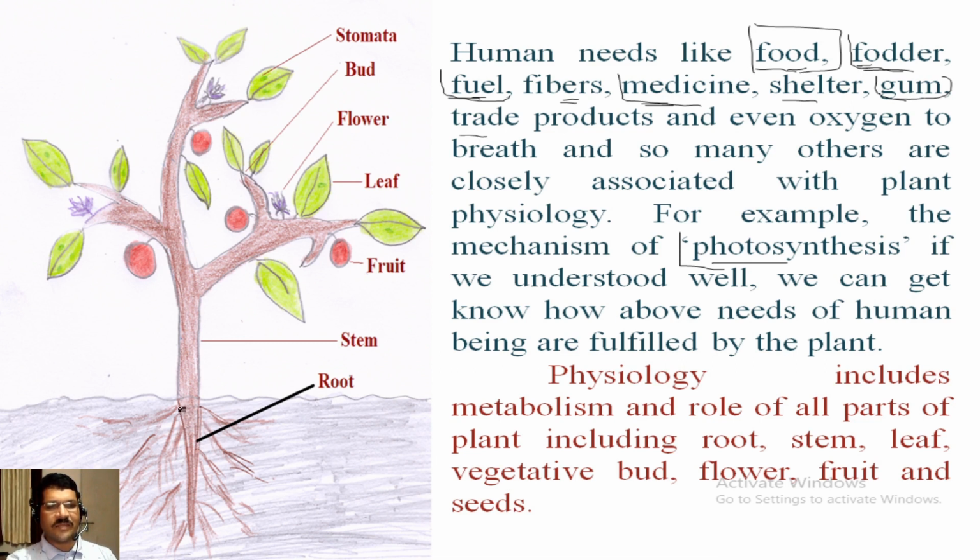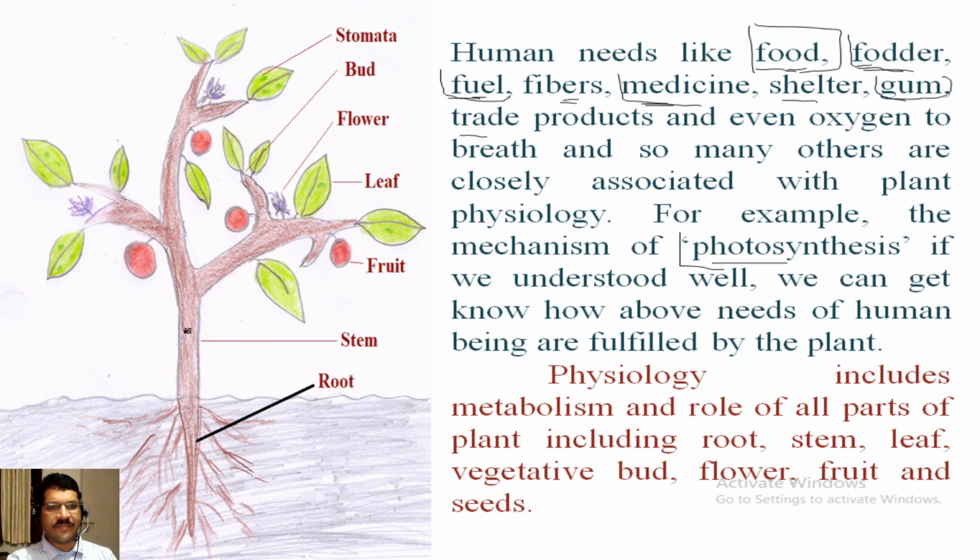The root is a very important part of the plant as it absorbs minerals and water from the soil. It is treated as a very important organ of the plant. How do the roots of a plant absorb water and nutrients? To understand the mechanism of absorption we must know plant physiology.